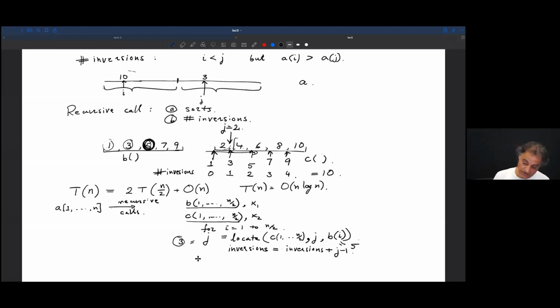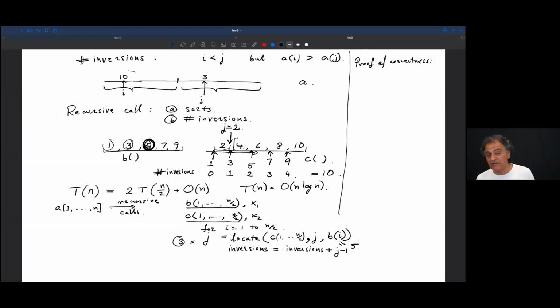Let me say a couple of words about this. How would you prove correctness? To prove correctness, you would do this by induction on n.